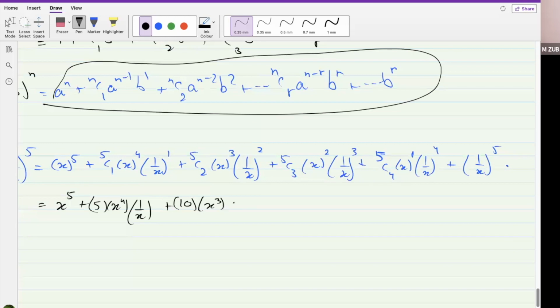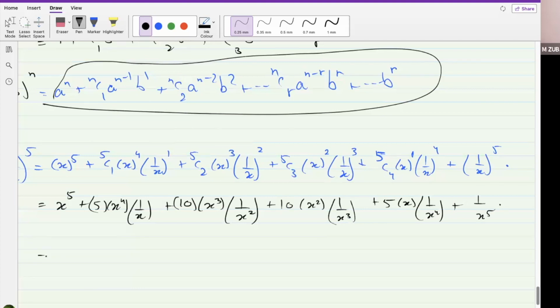I may write it directly, but for now, I'm not going into that. Then 5c3 is 10 again. 10 times x square and 1 over x cube. Then 5c4 is 5. 5 times x times 1 over x power 4 plus 1 over x power 5.